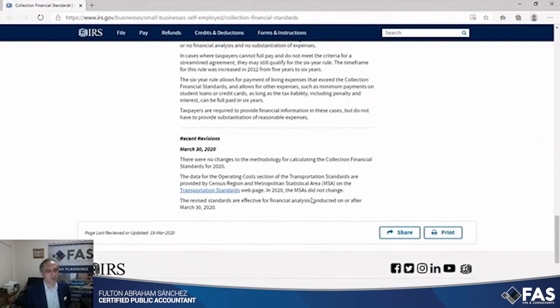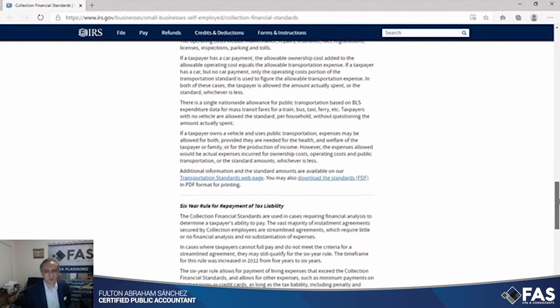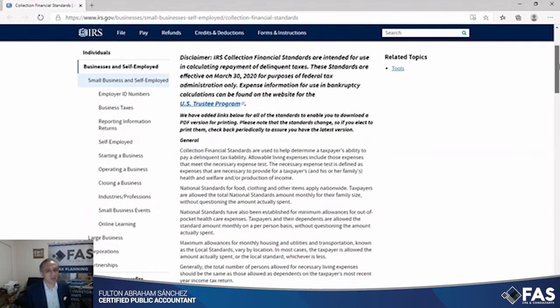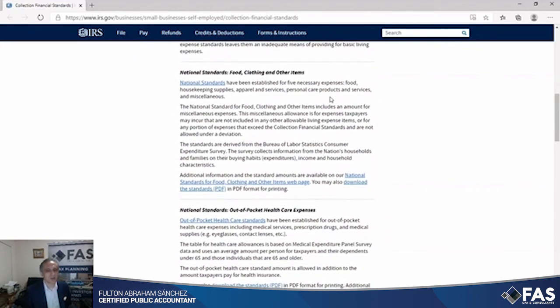For each one of these items, there is a standard.